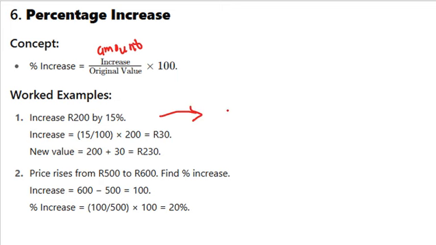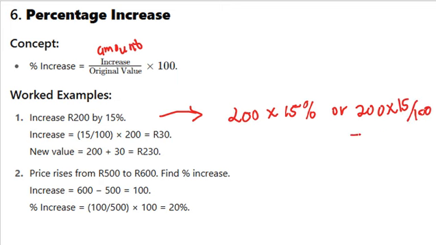I've told you how to get a 15% of a 200. So we're gonna just say 200 times 15%, or else we can say 200 times 15 over 100, right? And you're gonna get 30. So this is an amount of 15%.